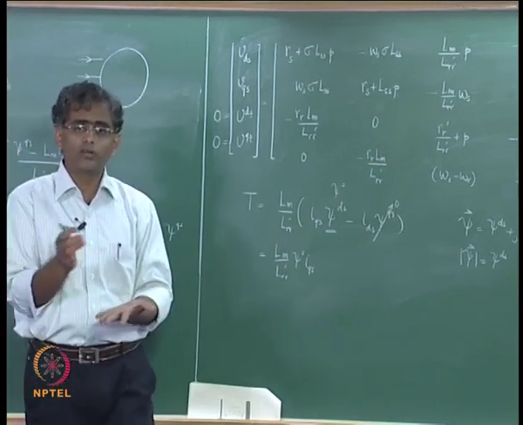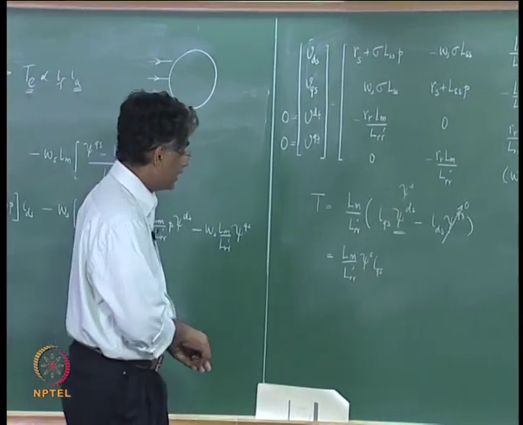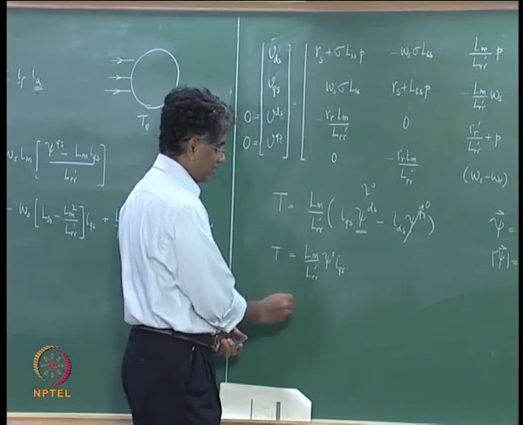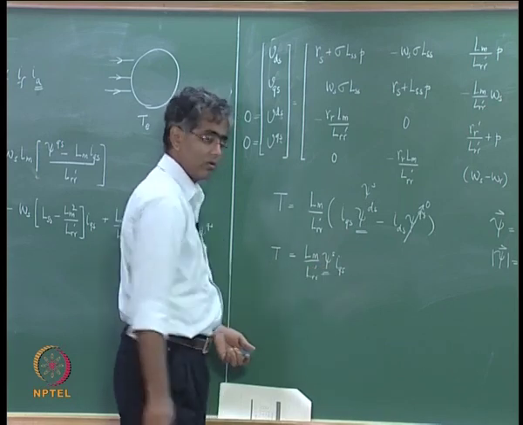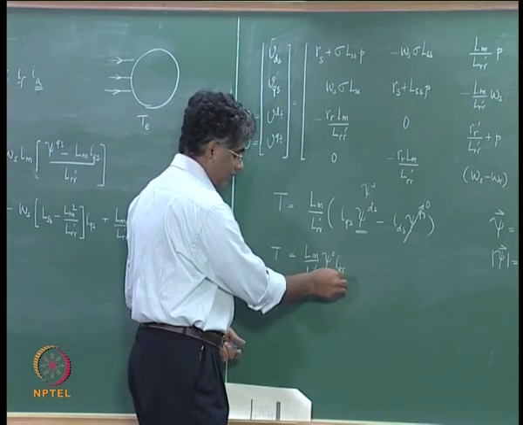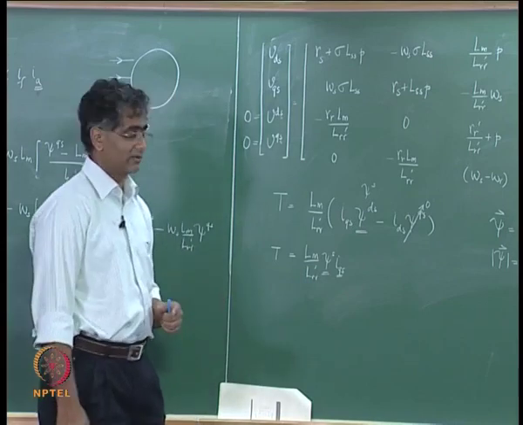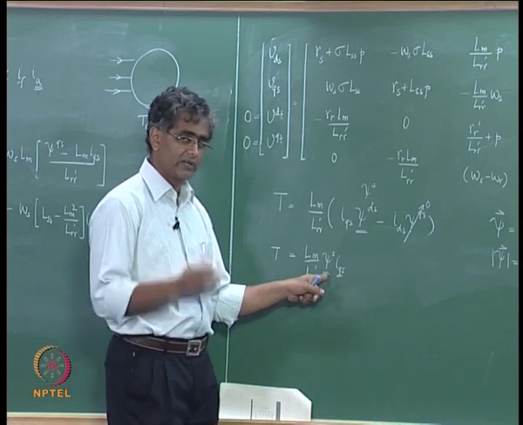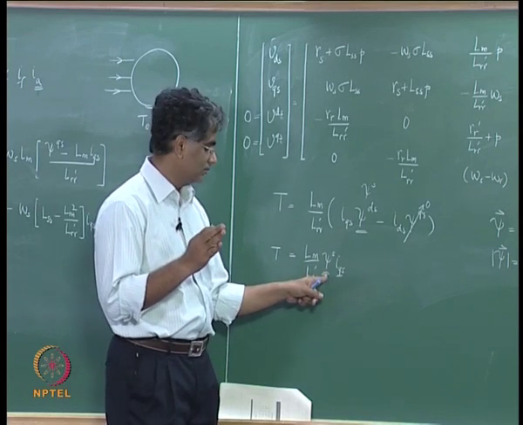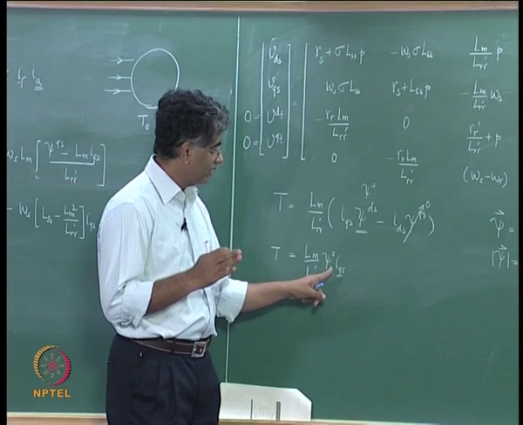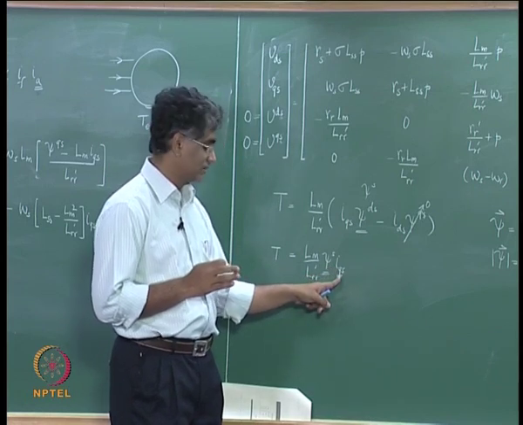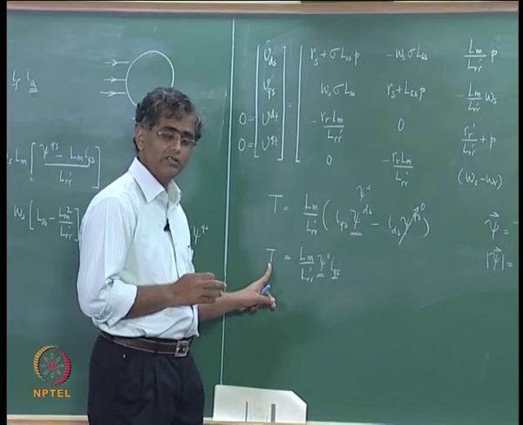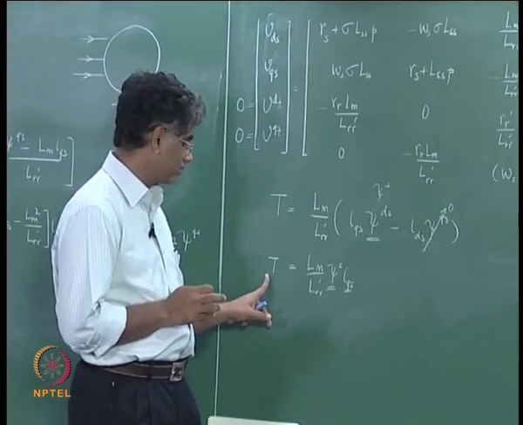If you choose your reference frame appropriately, one can see that the generated torque is simply a product of the rotor flux vector multiplied by the stator q axis current. Therefore, if you can maintain the rotor flux vector independently stable at a fixed value, then as soon as you change the q axis current, that is IQS, it will immediately reflect in a change in the generated electromagnetic torque.